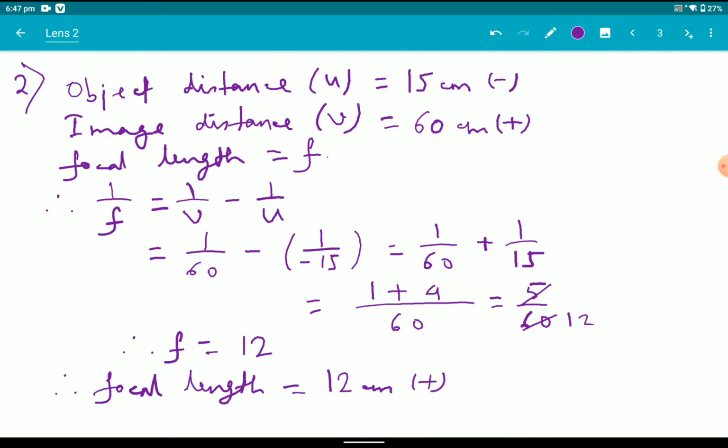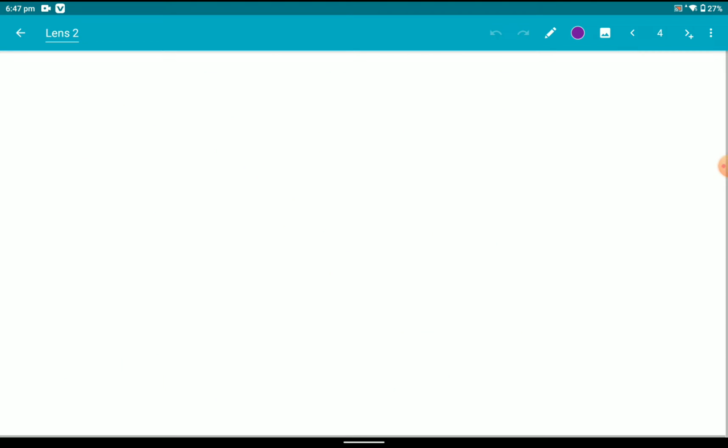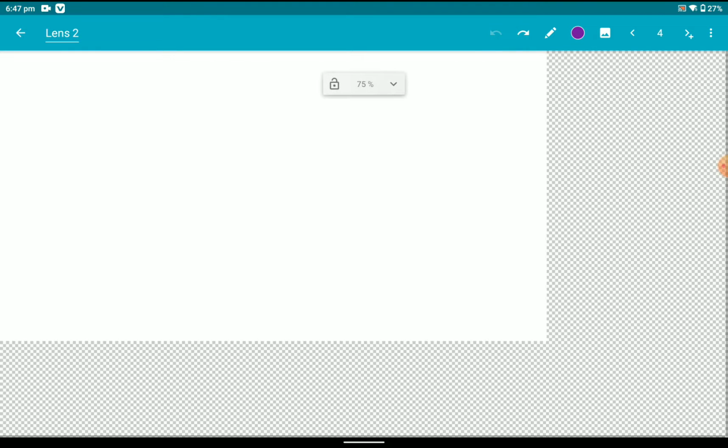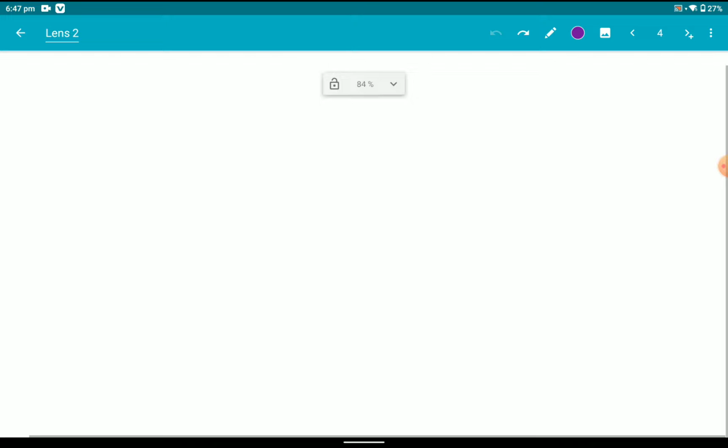Okay, second thing that you have to find out is the magnification. Now the formula for magnification. Magnification is given by, there are two formulas.